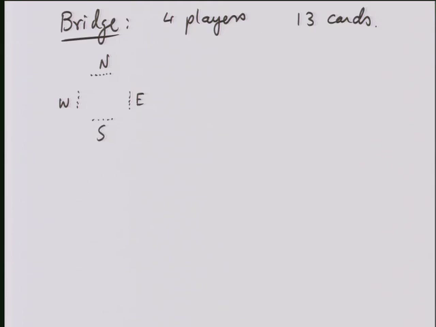If you take these 13 cards that South has and you scramble them in any way, it's all the same to us. It's the same unordered object. If you take the 13 cards that East has and you scramble them up, it's the same object. It doesn't make any difference to us. So for one of these unordered objects, we count how many ways there are of creating an ordered object, and we divide by that.